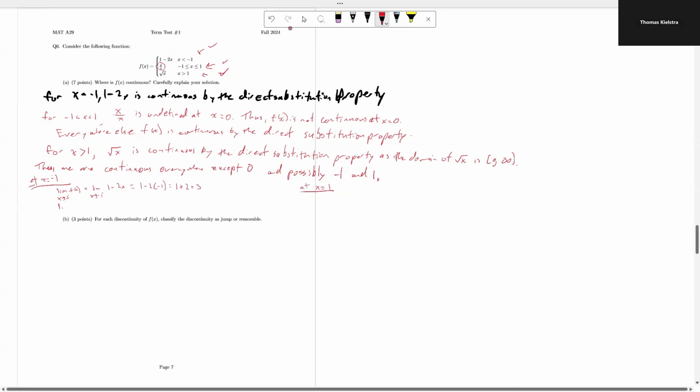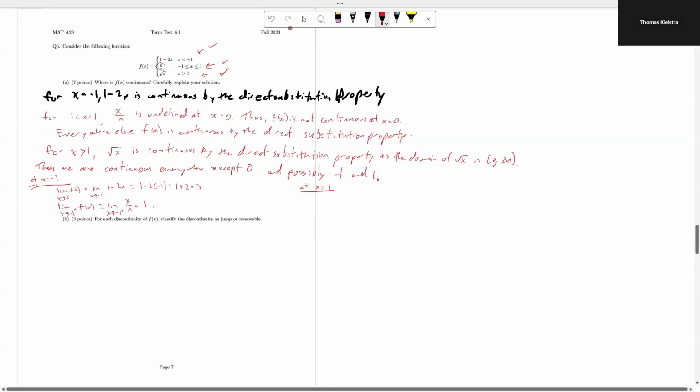And the limit as x approaches minus 1 from the positive side of f of x equals the limit of x over x, which equals 1.